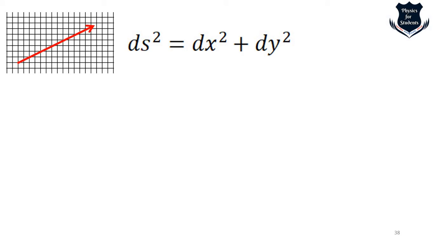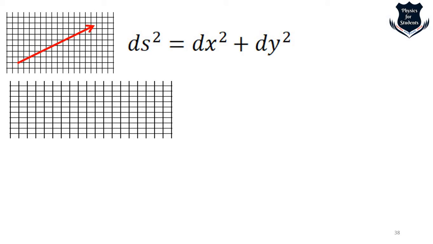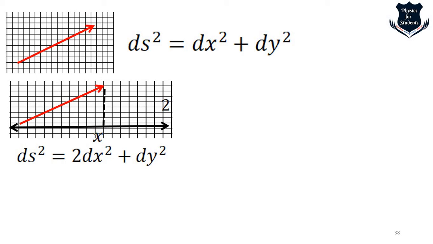Okay, so now let us imagine this to be a rubber sheet, and we get a straight line and we measure the distance using Pythagoras' theorem. Now say for example, what if I expand the x coordinate of this rubber sheet twice, right? This one expands, so we can just use this formula.